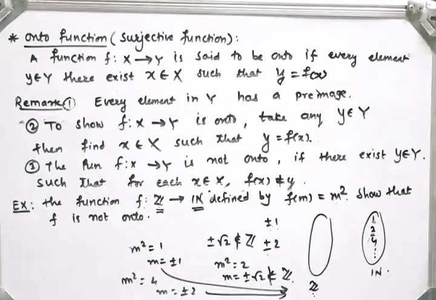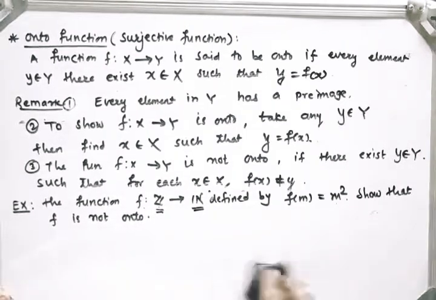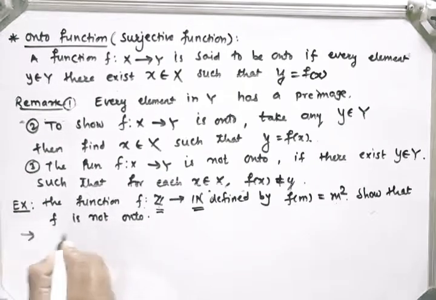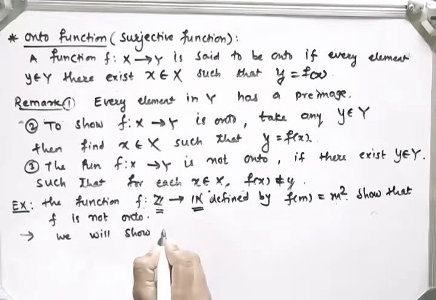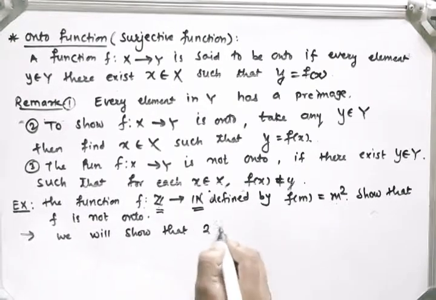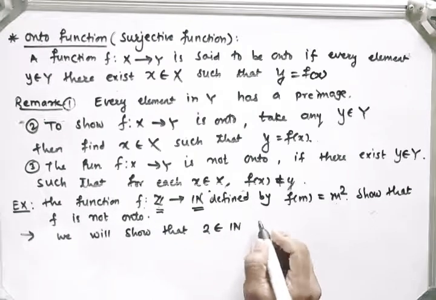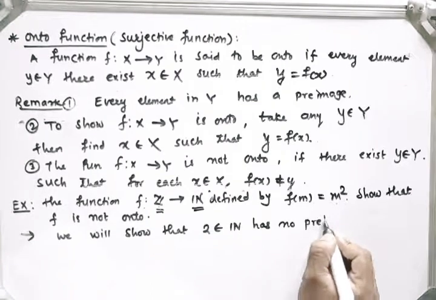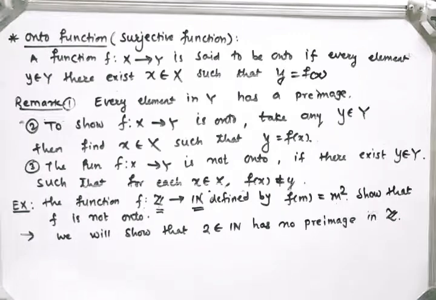Now we will see the solution. We will show that 2, which belongs to the set of natural numbers, has no pre-image in the set of integers.